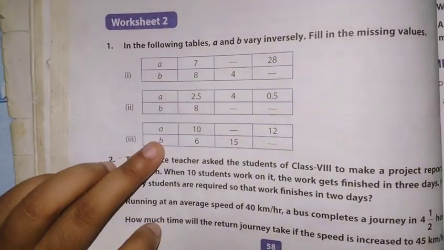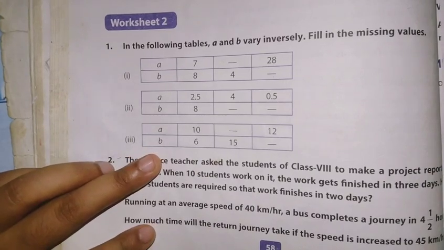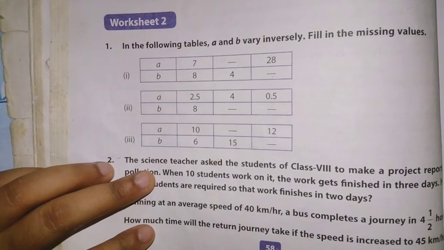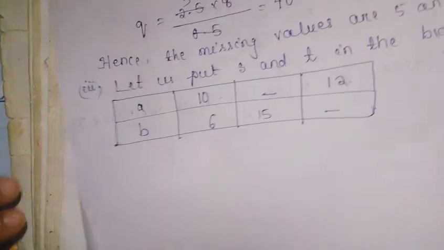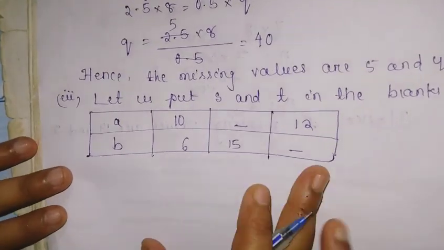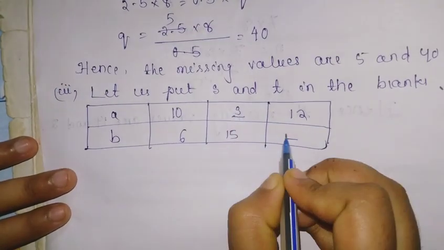A, then B: 10, 12, then 6, 15, and a dash. First we write S, then T.